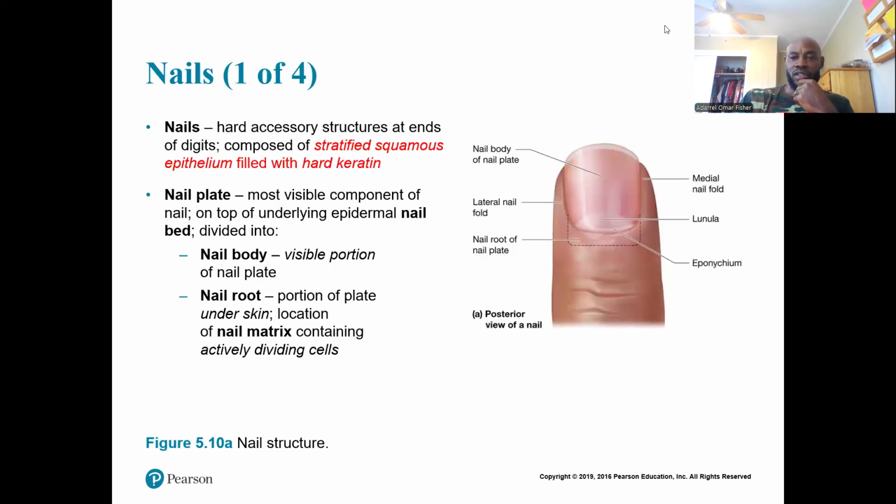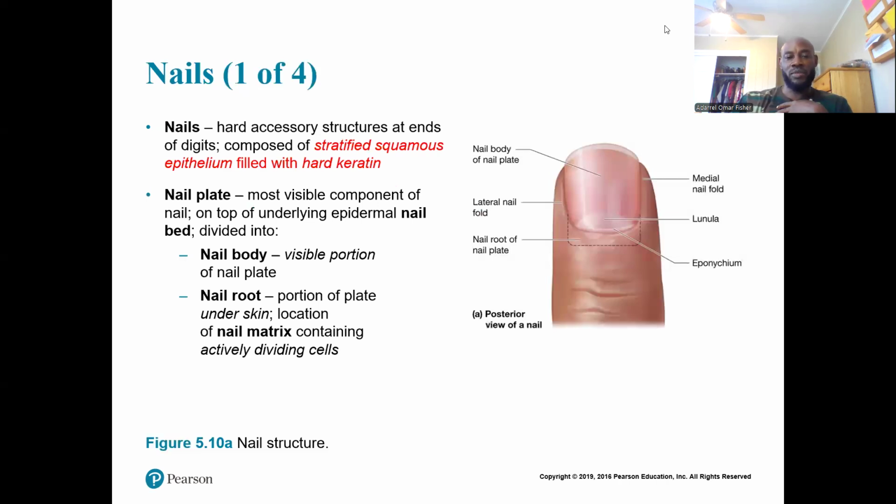Your nails, very similar to hair. A hard accessory at the end of your fingers and toes, stratified squamous epithelium. Again, very similar structure to skin, but it is filled with a very hard keratin.